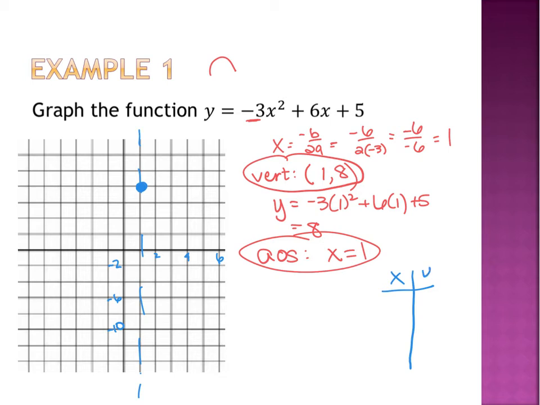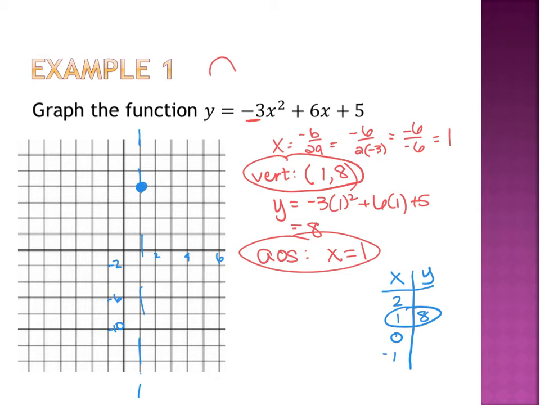So I have x, y, and I'm going to use 2, 1, 0, and I know that when x is 1, y is 8, this is my vertex. I always like to have a point on either side of the vertex and 0 for x if I can. So I'll go 2, 1, 0, and then I'll do negative 1 as well.